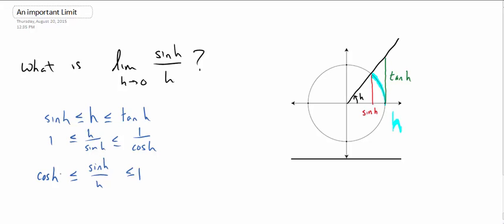And now, what happens as we take the limit? Limit as h approaches 0, and we're going to go from the positive side right now. If we take the limit of all these things, as h approaches 0 from the positive, the inequality should still be preserved.